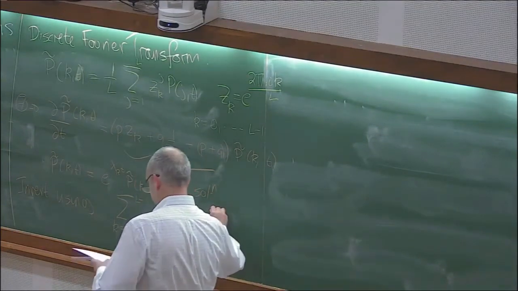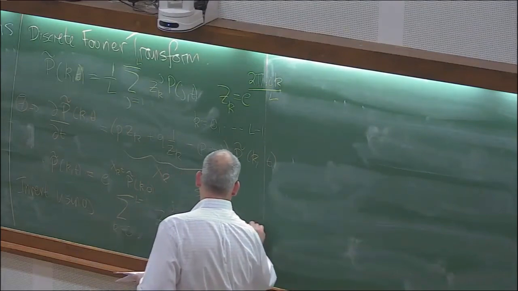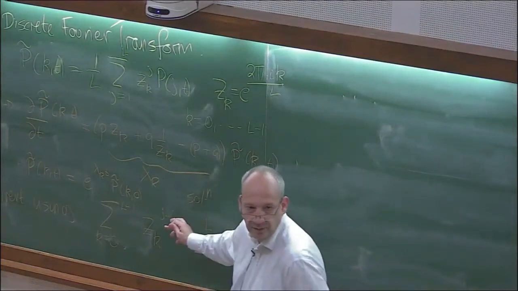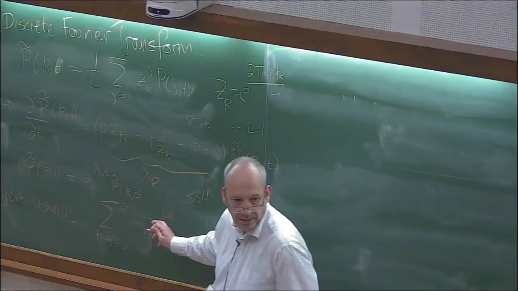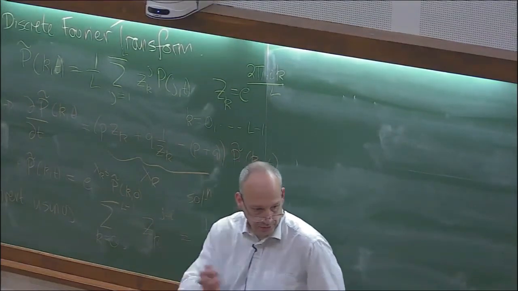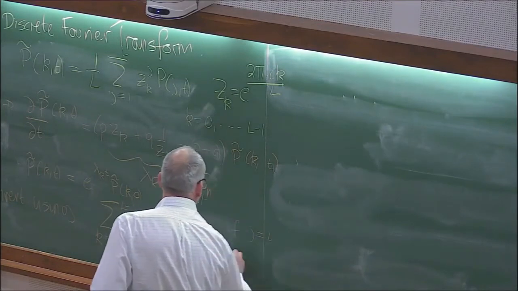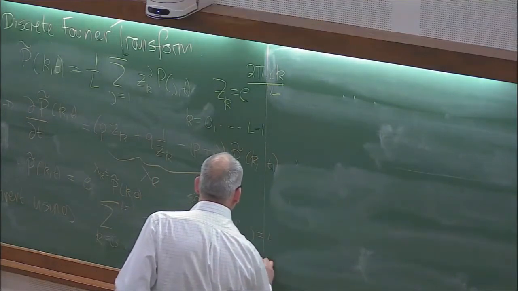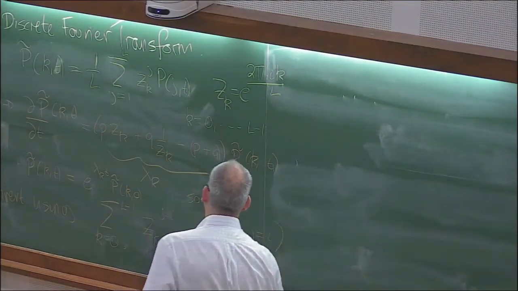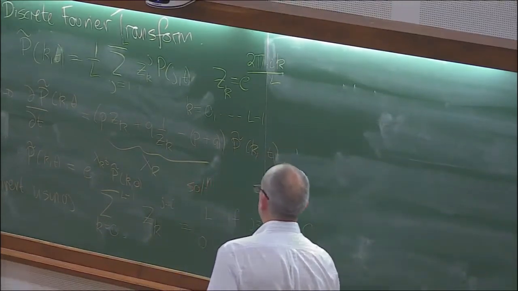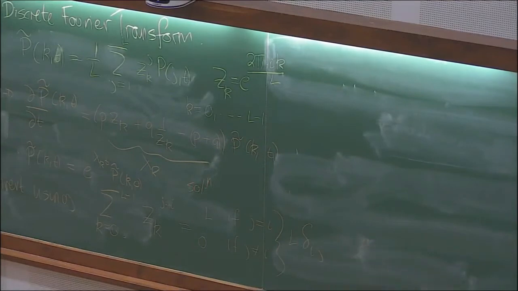So it's L if j equals i. But if they're not equal, then actually the sum equals 0. And you can check that yourself by doing a geometric series. So it's 0 if j does not equal i, and I can write those two things as L delta ij. That's what I use for the inversion.